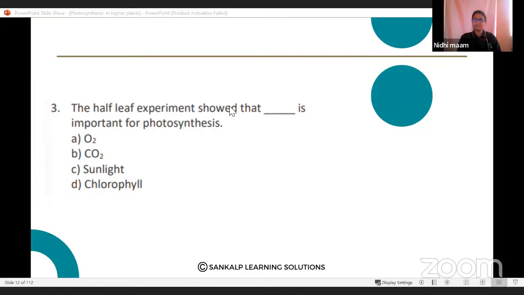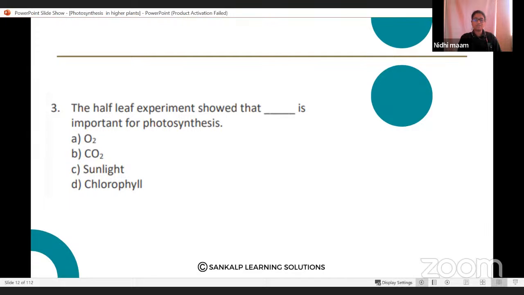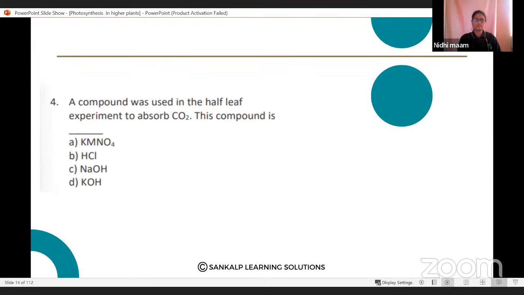Pavitra answered it. Yes, YouTube students. Bhuvan, Shashank answered it. Fine. So the right answer for this question is the importance of carbon dioxide in photosynthesis.